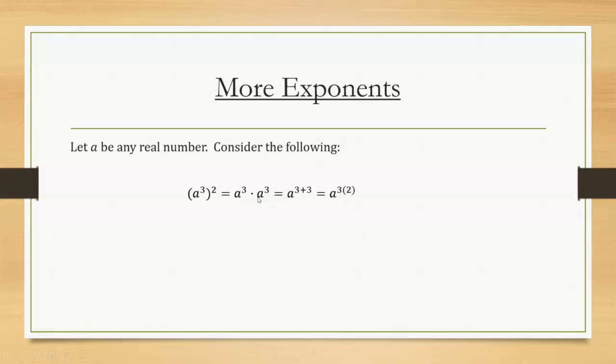But what is that also equal to? This is also equal to a to the 3 plus 3. And that's the same as a cubed squared. So what do we have? We have a cubed squared is a to the 3 times 2. So that's what we have here.